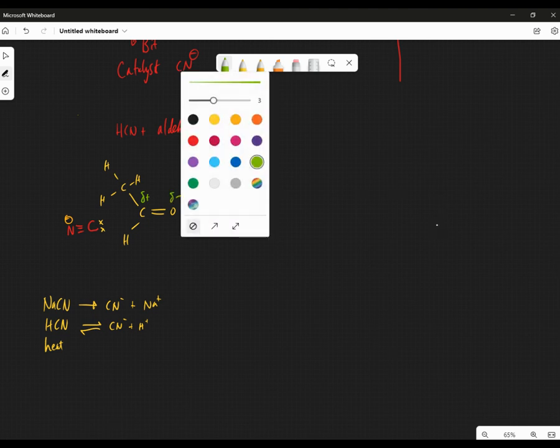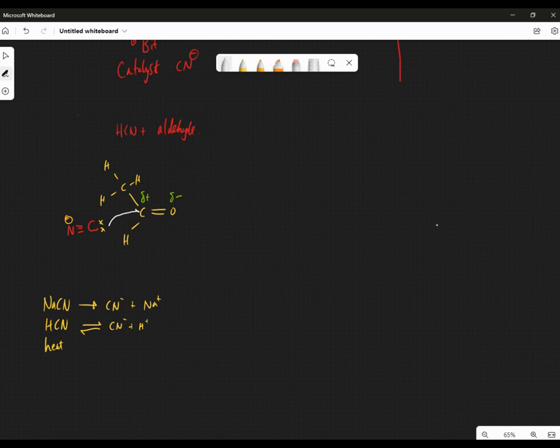The first thing that happens is the electrons from here attack here, like a proper nucleophile, like always. The nucleophile attacks this. At the same time, the electrons from the bond go onto the oxygen. So what does that give me?